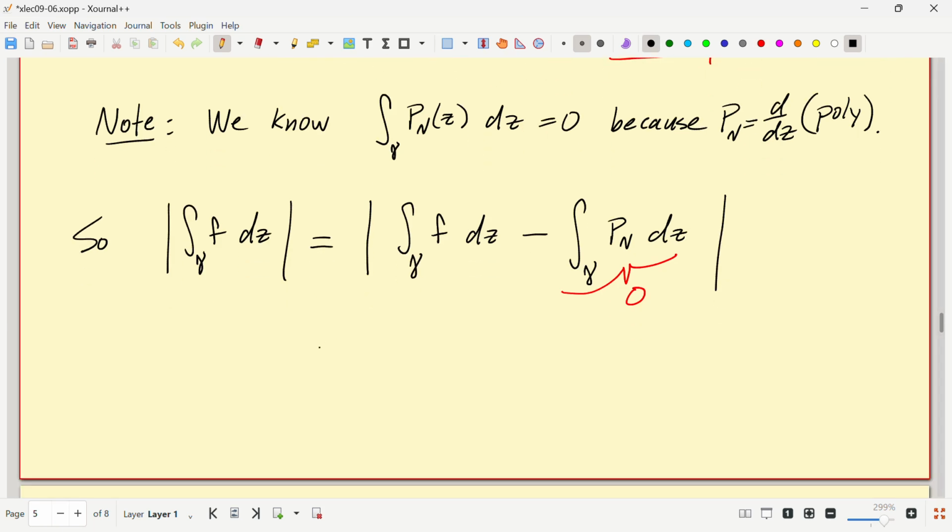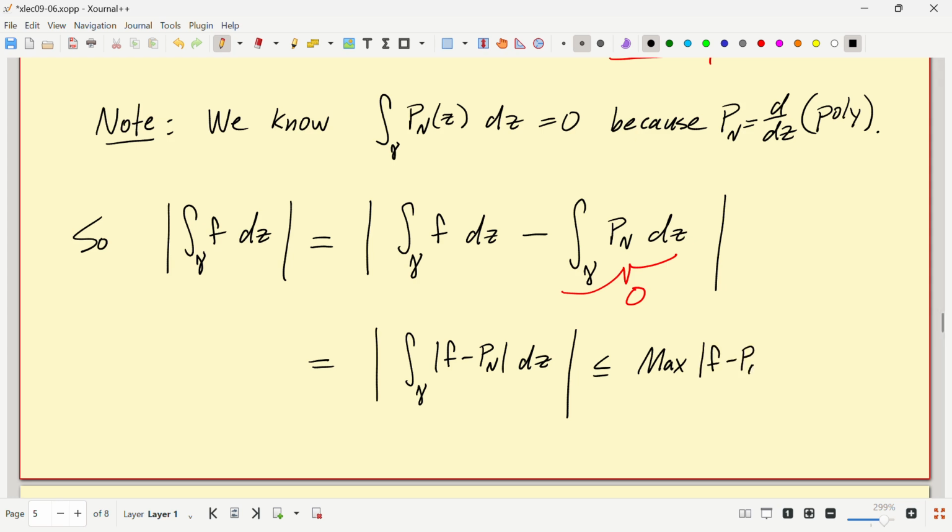And now I realize I can combine those and get the integral of something small, f minus p n of z dz. And I use the basic estimate for integrals and get that that's less than or equal to the max of f minus p n when mod z is less than or equal to little r, times the length of gamma. It's a fixed curve, so that's just a number. And by uniform convergence, I can make that max as small as I want.